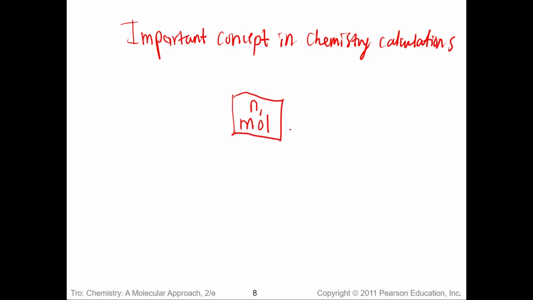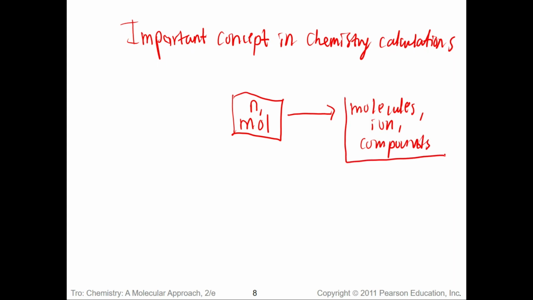If the question asks you to go from mole to molecules, ions or compounds, this time you times with the Avogadro constant.